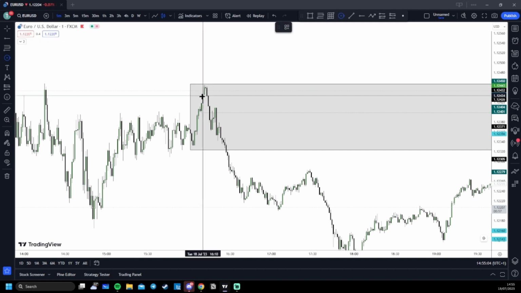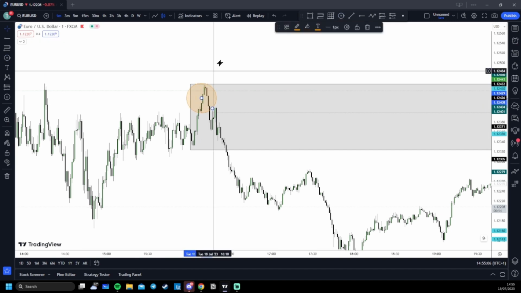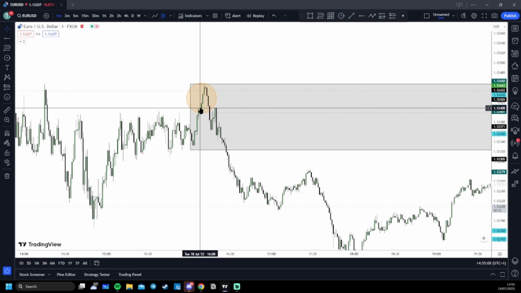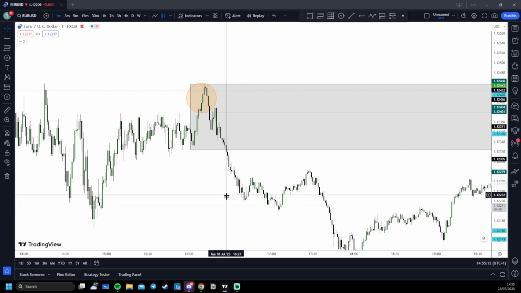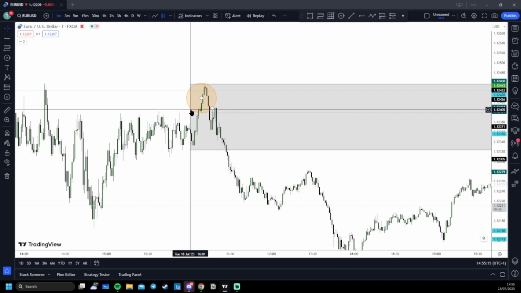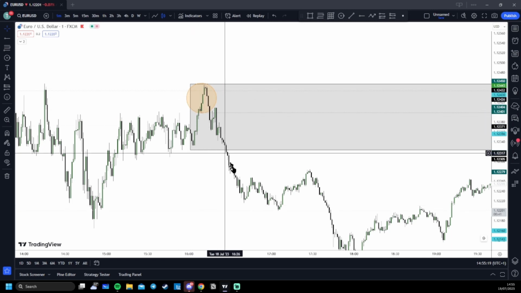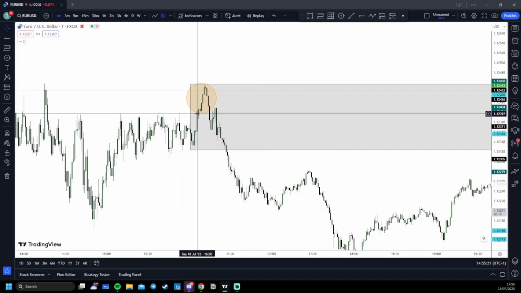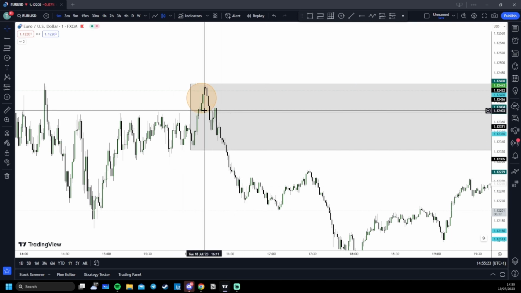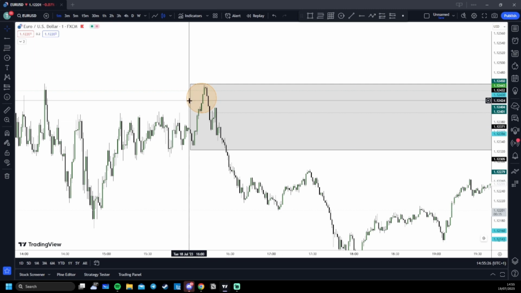The last up move for me is this whole move here, because it printed a downwards candle followed by an up move, which then started the whole downwards move. So I know this little internal move is what created this whole move. That's my target for where I want to sell off of, because it's the last range that caused the downwards move.